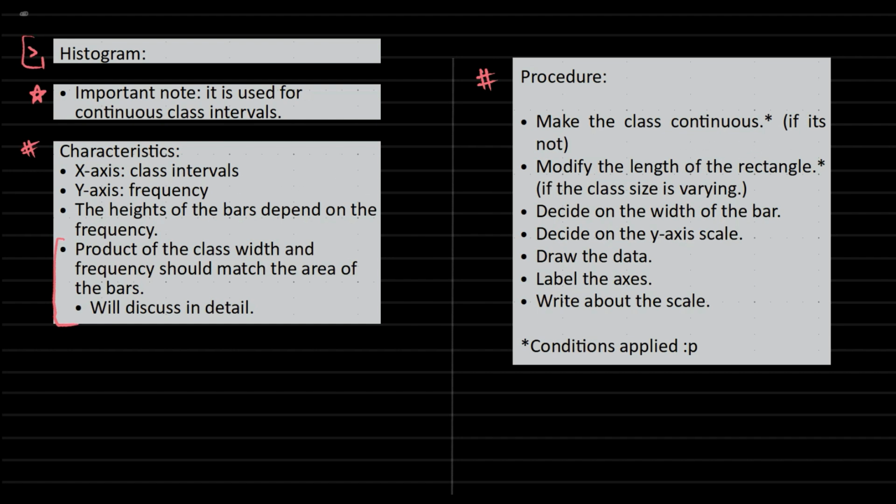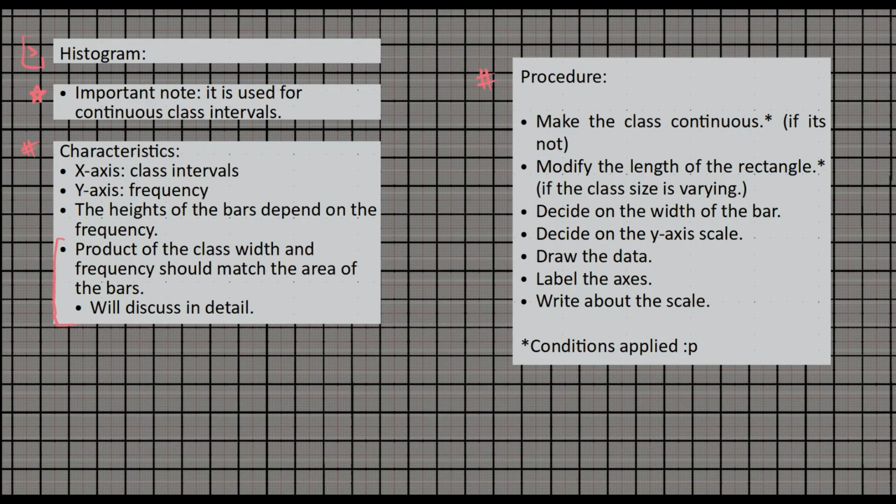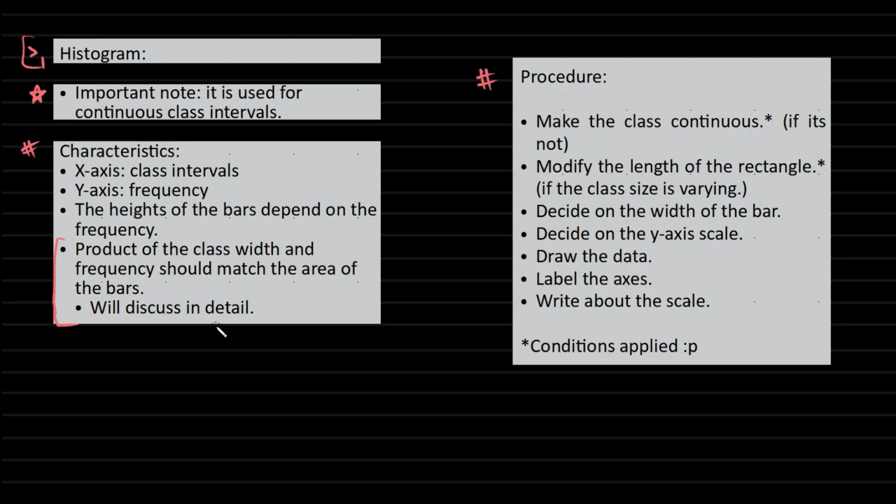So let's start off with an example, because reading something won't help, right? Now, is this class continuous? To check that, we need to look at the upper limit and the lower limit.